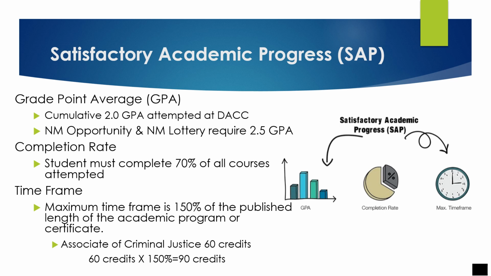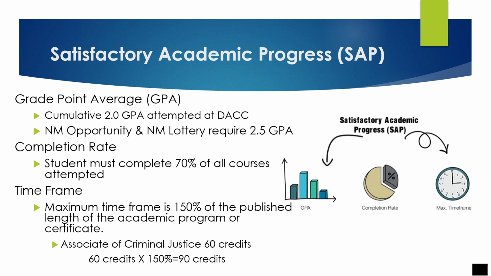And time frame. Time frame is the maximum of 150% of the published length of any academic program or certificate. For example, a student seeking an Associate of Criminal Justice requires 60 credits within that program.